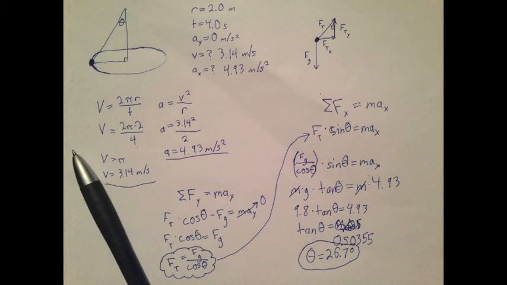And we can see that there's mass on each side, so those cancel out to reduce to gravity, which is 9.8, times tangent of theta, which is equal to 4.93. And so we divide 4.93 by 9.8 to get tangent of theta equal to 0.50355. And so theta is equal to 26.7 degrees.